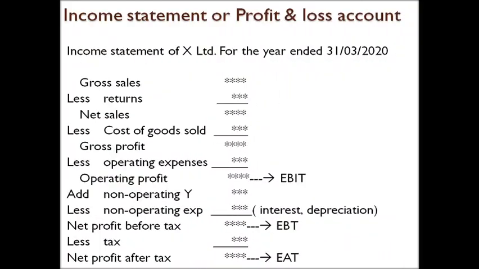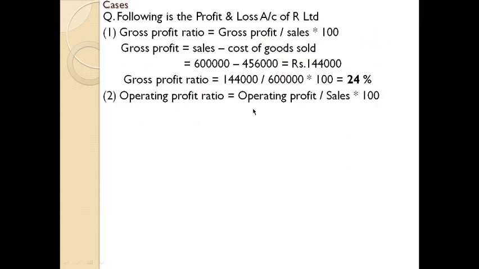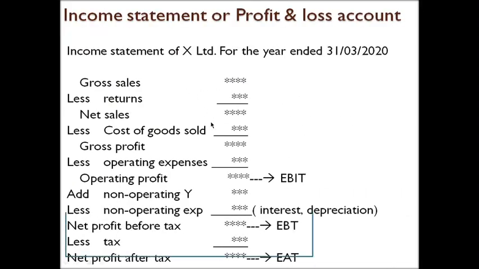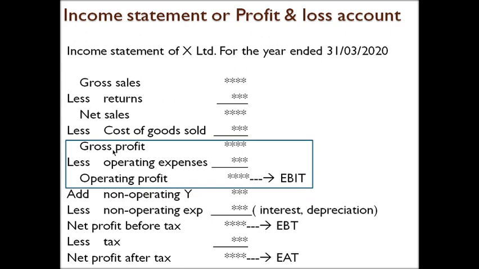We have dealt with the same pattern in the second module, where the income statement begins with gross sales less returns, net sales less cost of goods sold, gross profit less operating expenses, and here it is operating profit. Here the operating profit ratio is operating profit divided by sales into 100. From this statement, if we deduct operating expenses from gross profit, you will get operating profit.